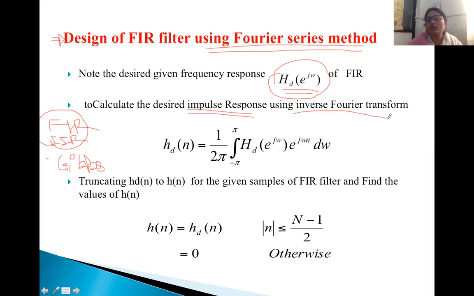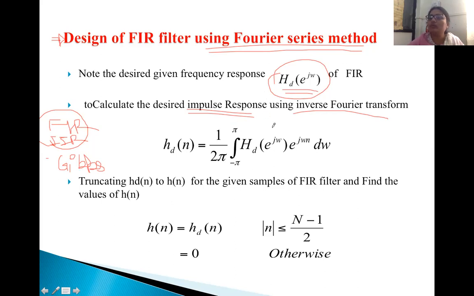So we need to make it finite while designing the FIR filter. With the desired frequency response HD of e raised to j omega, we need to find HD of n, the impulse response in the time domain.